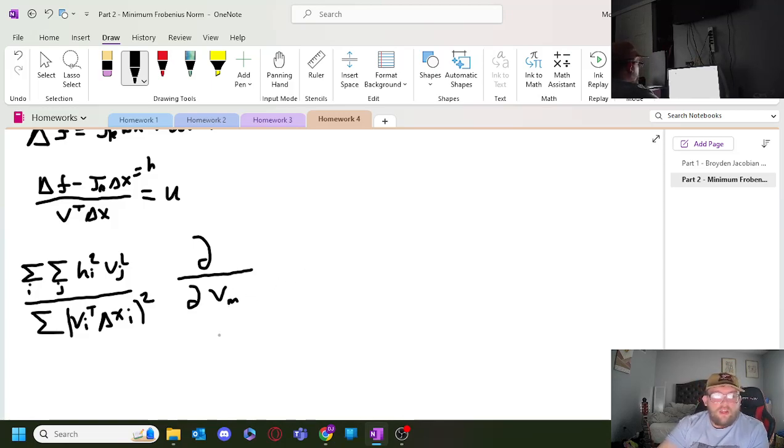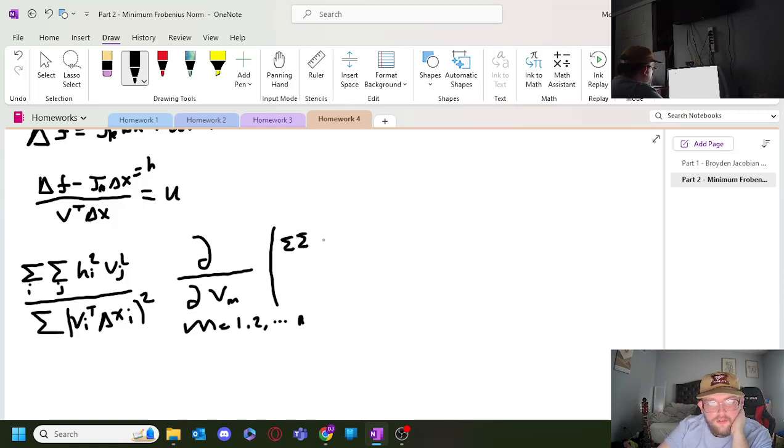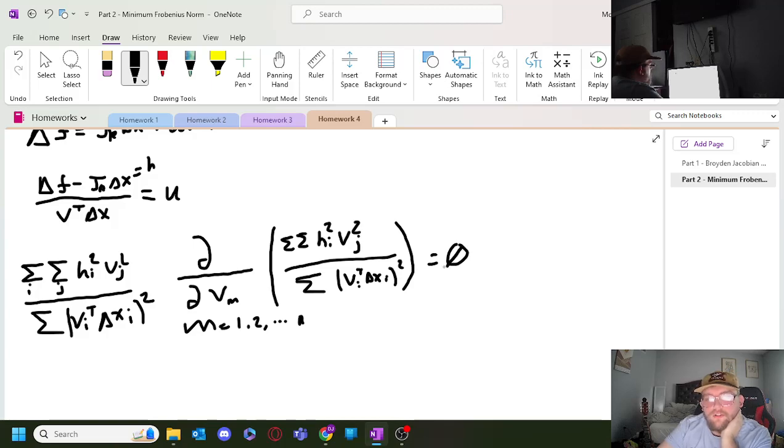So vector v at m indexes, where m is just the index, such as 1, 2, all the way up to n, of our double summation h i squared v j squared over summation v transpose delta x i squared. And that has to equal 0.